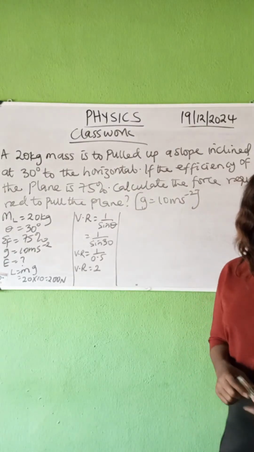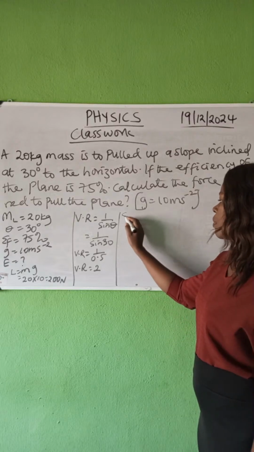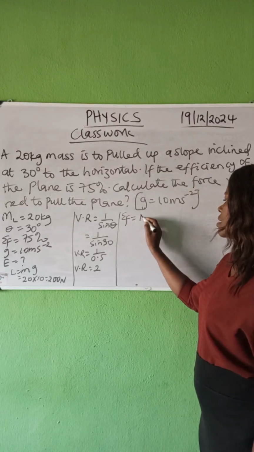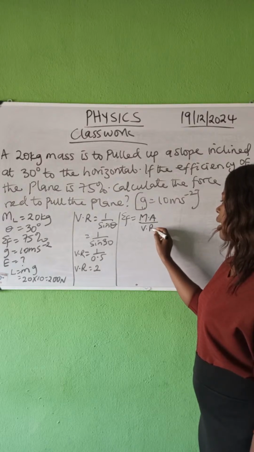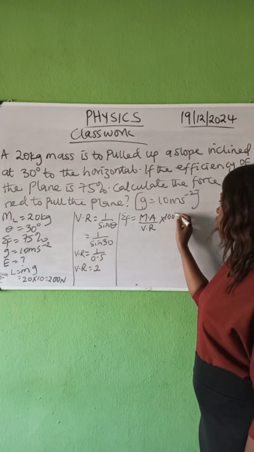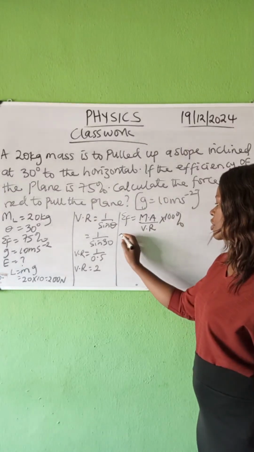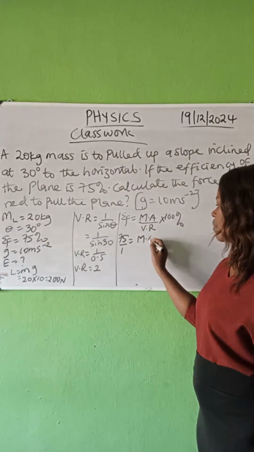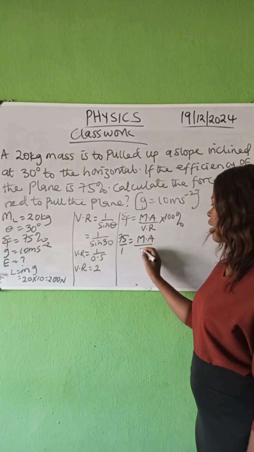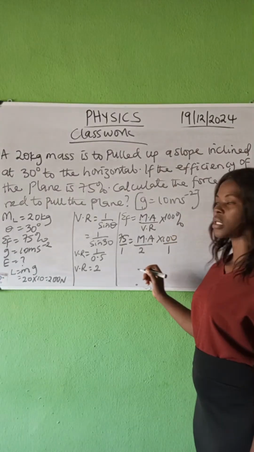Then the next thing is to find our MA using the efficiency formula. Efficiency is equal to MA over what? VR multiplied by 100%. Now what's the efficiency? The efficiency is 75 over 1, equal to MA over VR, which is 2, multiplied by 100 over 1.